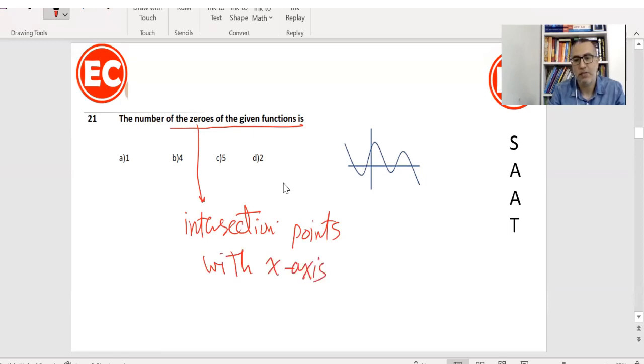What are the intersection points with the x-axis? As we can see, 1, 2, 3, 4, 5. So I have five points intersecting with the x-axis, and notice that the word zeros or set of zeros means the intersection points with the x-axis. So it's a definition for the word zeros.